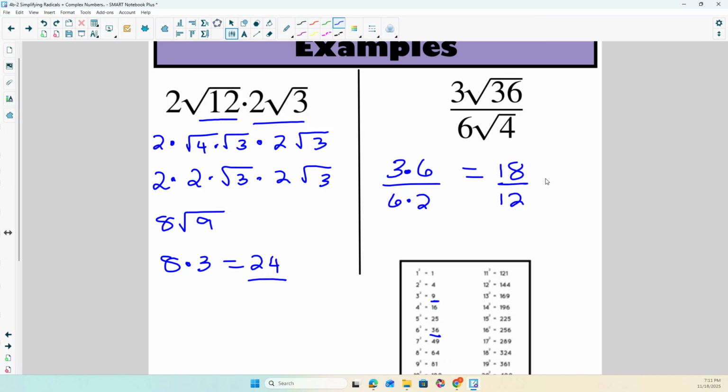And then you want to make sure you simplify or reduce all fractions. So I can divide 18 and 12 by 6. 18 divided by 6 is 3, 12 divided by 6 is 2, and so this will be your simplified and final answer.